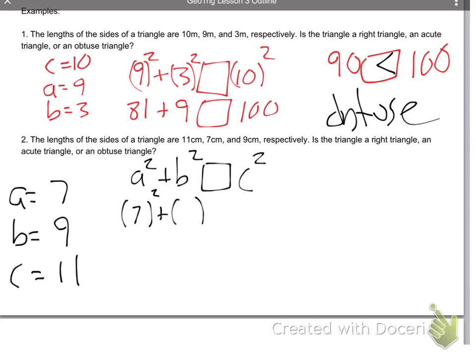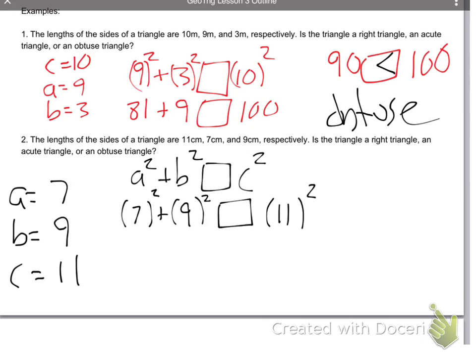Guys, always use parentheses just in case you're trying to work with negative numbers. But you should know you'll never have a negative number working with triangles. Why? Because you can't have a side length that's negative, yes? Yes. And so this is 7, 9, 11.